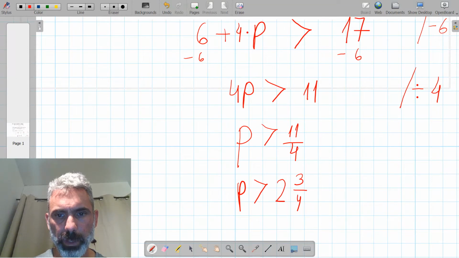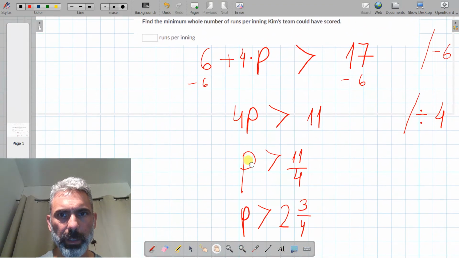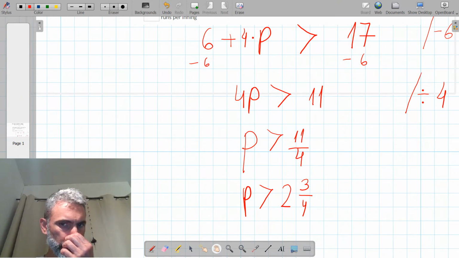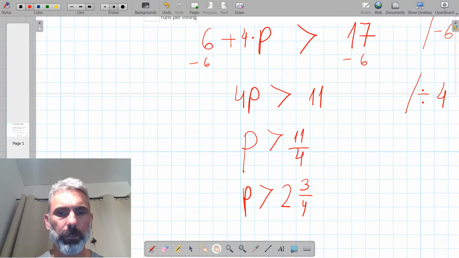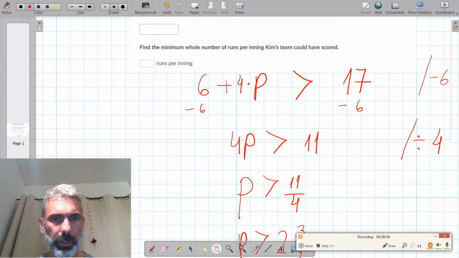So it's 2 3/4. Since they are asking for the minimum whole number of runs per inning, it has to be at least 3 runs per inning, because if we take the 2, it won't be enough. So it has to be 3. Minimum of 3 runs per inning.